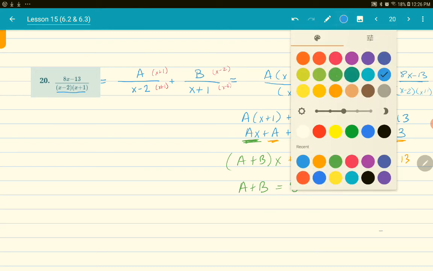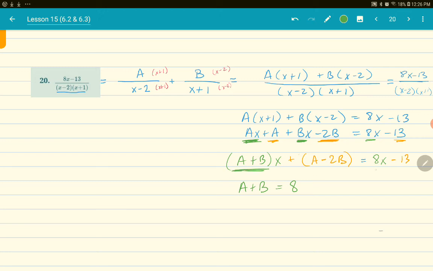So now you can see how the a plus b corresponds to the 8 and the a minus 2b corresponds to the negative 13.